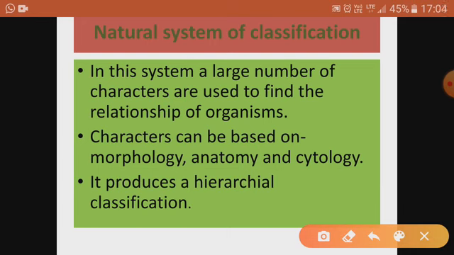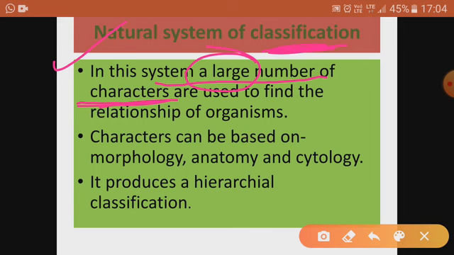So some of the scientists followed the natural system of classification, in which they started to consider a large number of characteristics, because the basis of classification is characteristics, and in the natural system they were taking a large number of characteristics into relationship, and then they were assigning them different groups and subgroups.